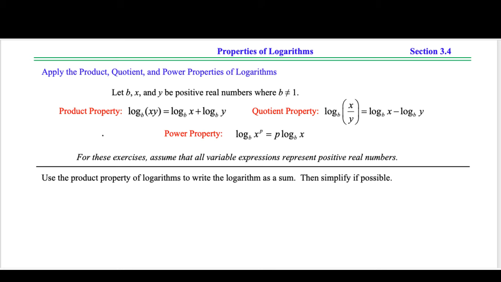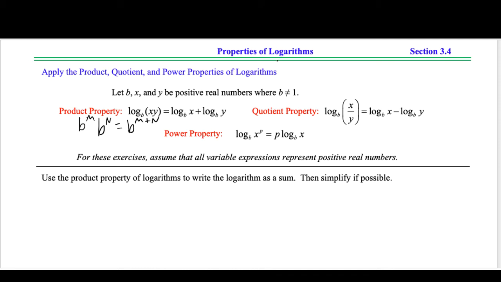So the product property is based off of this property. If you have something like b raised to the power of m times b raised to the power of n, this is equal to b raised to the power of m plus n.